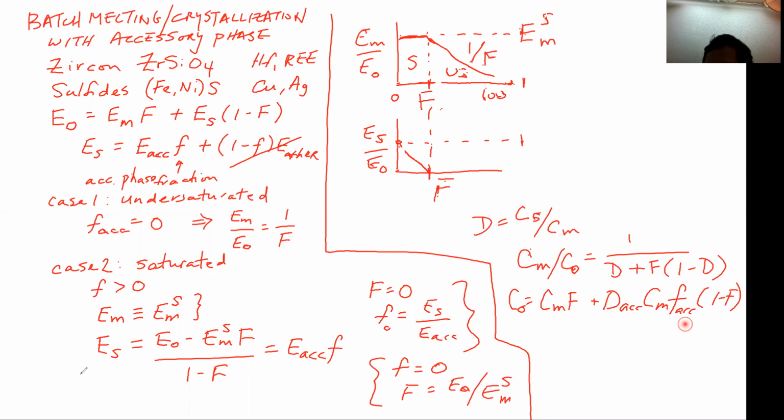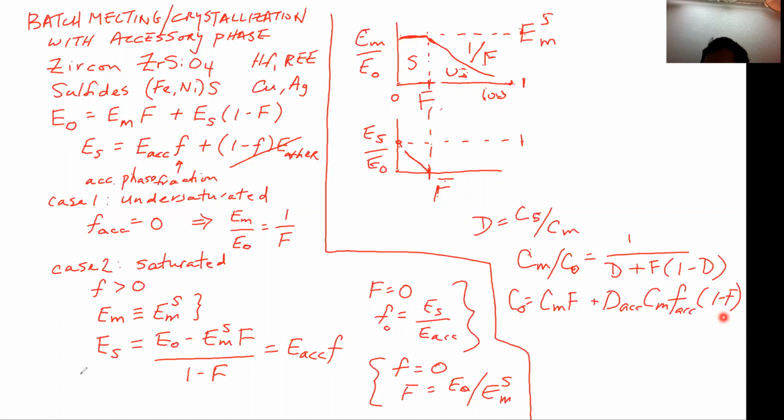And the second term is that all in the solids, and it's assuming that only the accessory phase matters. So 1 minus F is essentially the mass of the solids. f_ACC, that's the same f as all the little f's I have here, is the mass fraction of my accessory phase relative to the solids. That's why I multiply little f by 1 minus F.